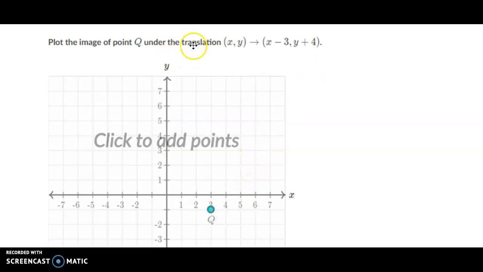And remember again, this word here, plot the image point Q. So now they've called the point Q, and we're going to slide it. That's what this arrow right here means, is that I'm going to translate or slide this dot somewhere. And where am I going to slide it? Well, just like before, the x is going to go -3, or to the left 3.